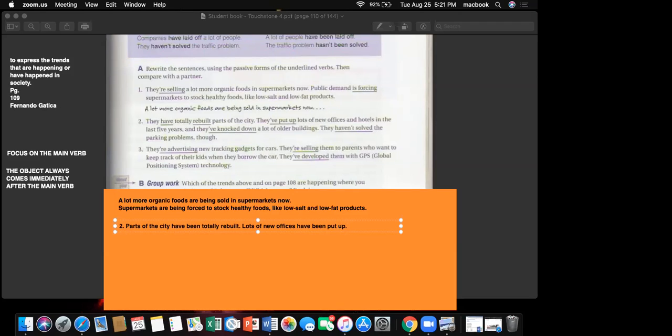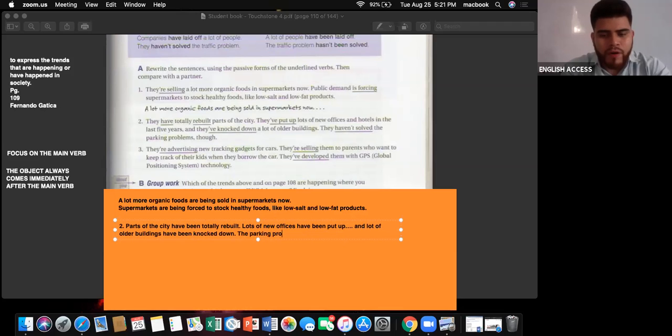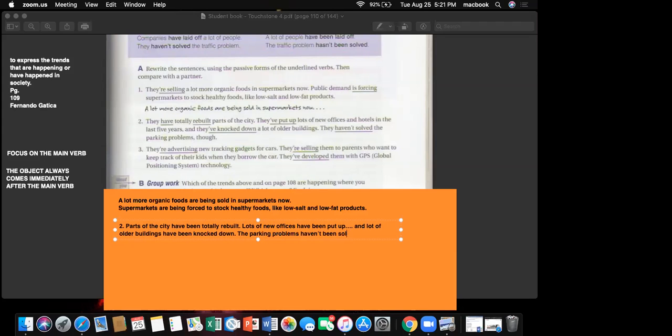Okay. The next one is a lot of older buildings have been knocked down. Okay. And the parking problems haven't been solved. All right. The parking problems haven't been solved.